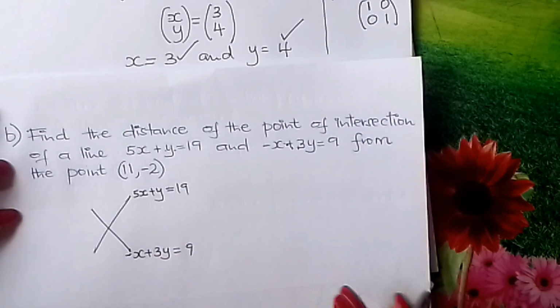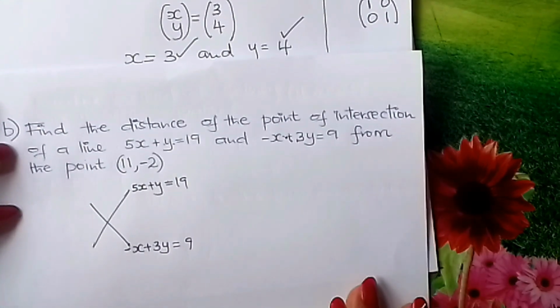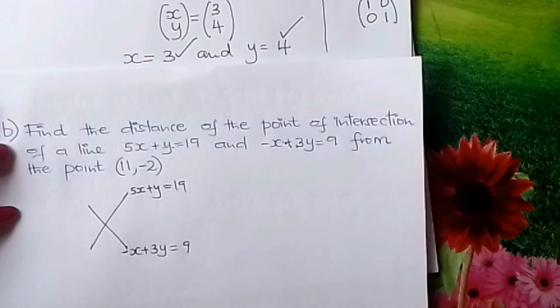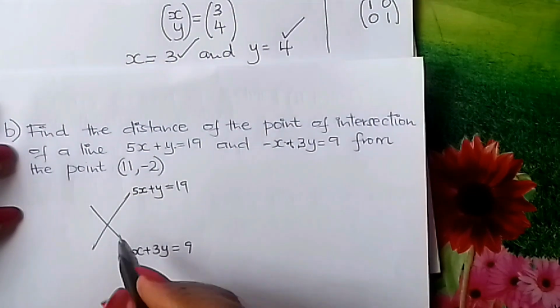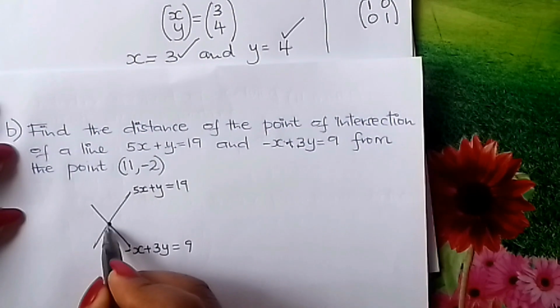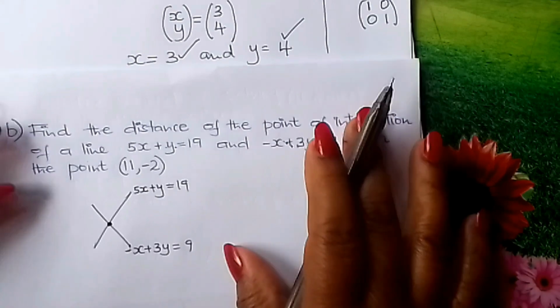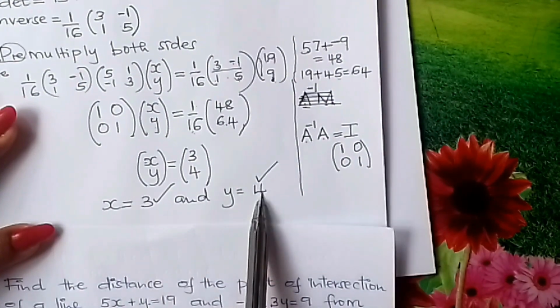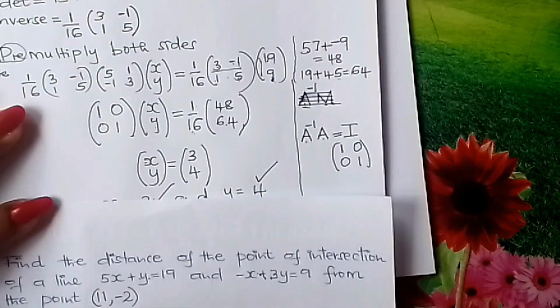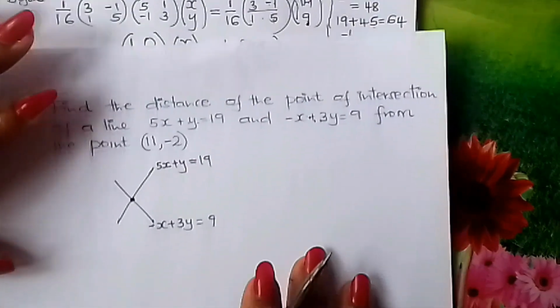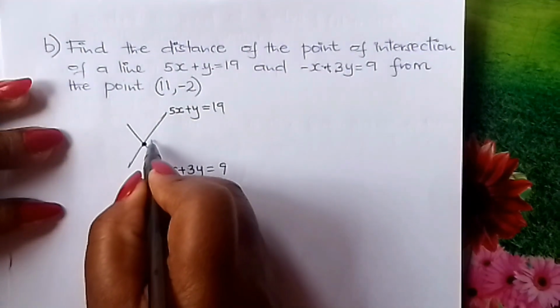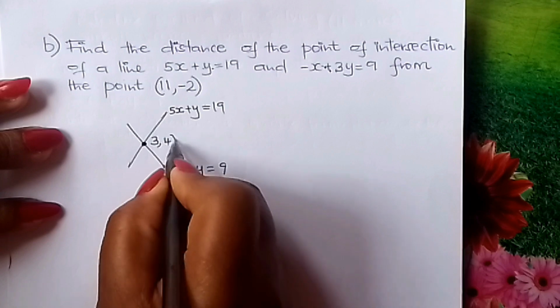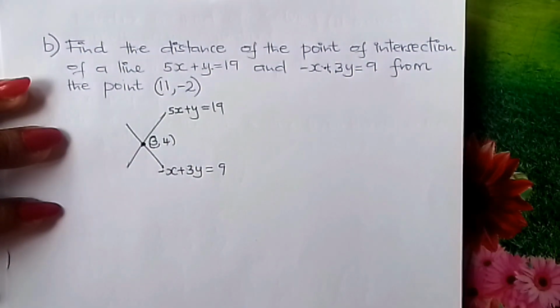These are the equations that we have just solved simultaneously. After solving the two simultaneously, we are getting the point of intersection. The y that we got and the x, look at this. This x and y that you got, they refer to the point of intersection. And therefore, our point of intersection here is 3, 4. I hope it is clear.